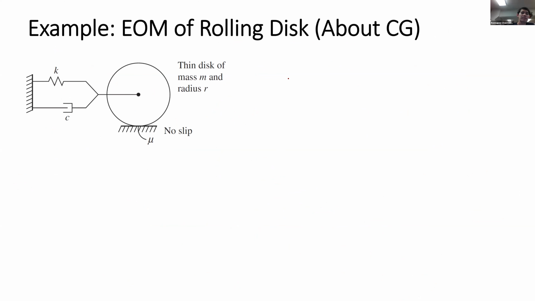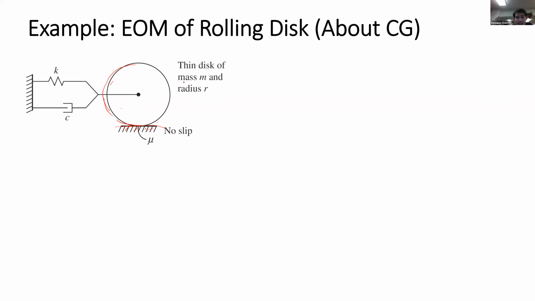So we have a disk that rolls on the surface without slipping. We have no external force applied on the system. We just have the disk that rolls without slip on the surface.